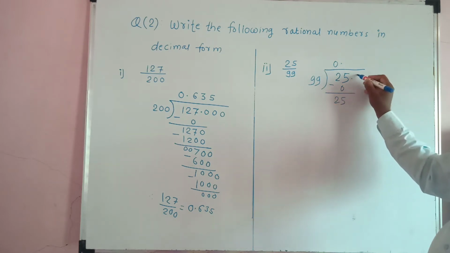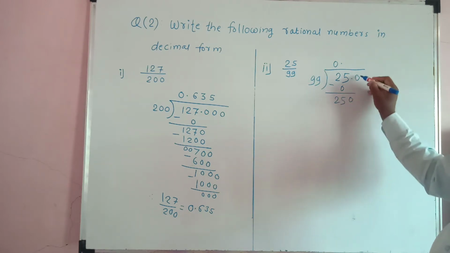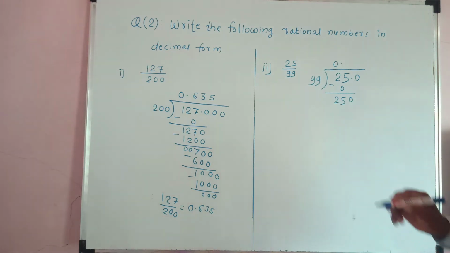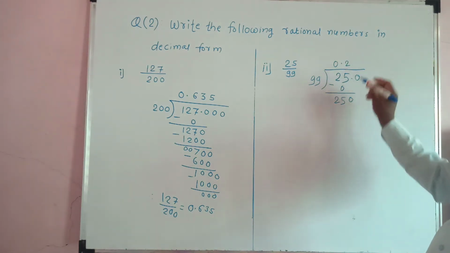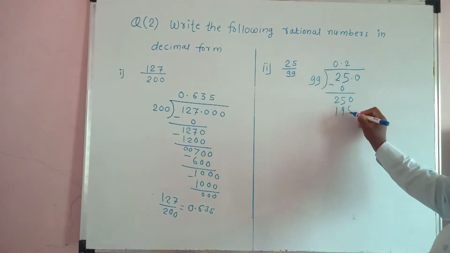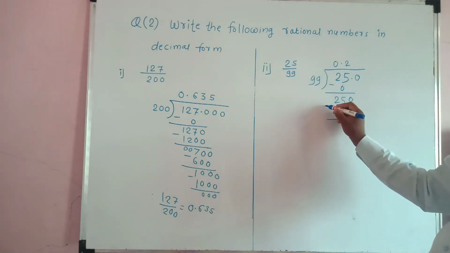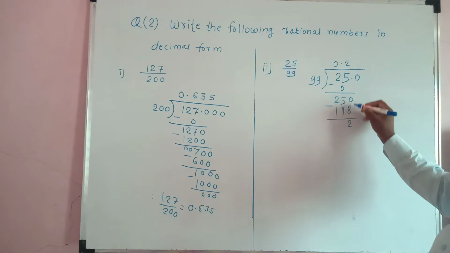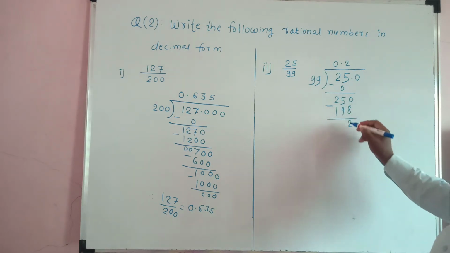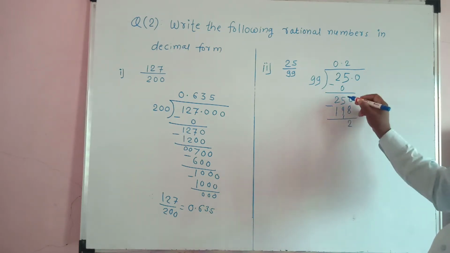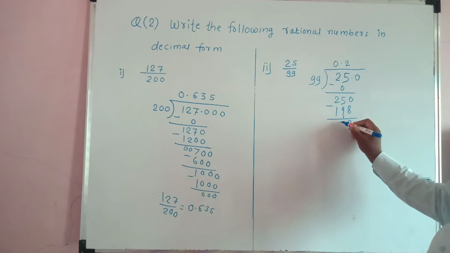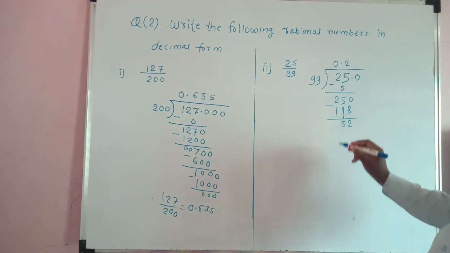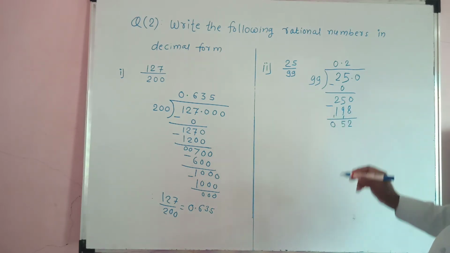Here 25.0, take 1 0. 99 into 2 is 198. 250 minus 198: 8 minus 10, borrow 2, 10; 15 minus 10 is 5. There is a 0.